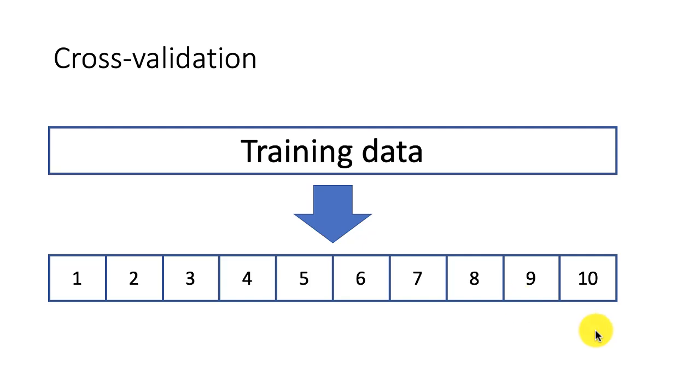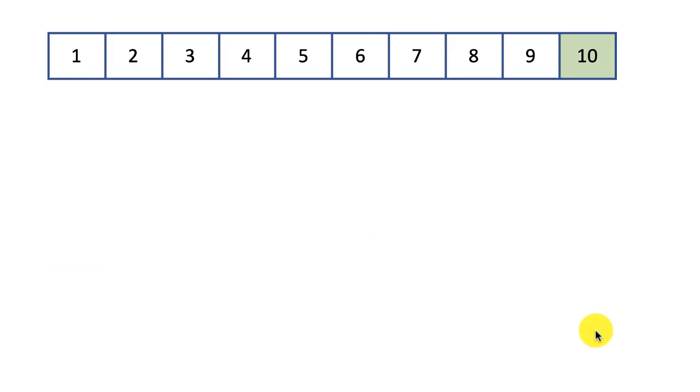Once it does that, it takes the training data itself and divides it into two parts. For example, it'll take the first 9 sets as one block and leave the 10th set as a separate block.